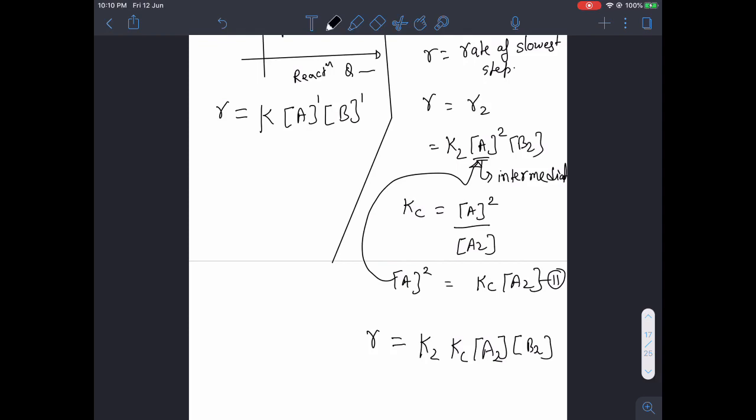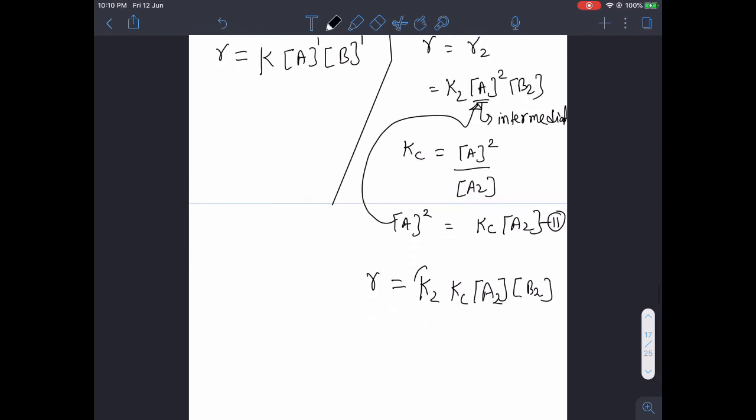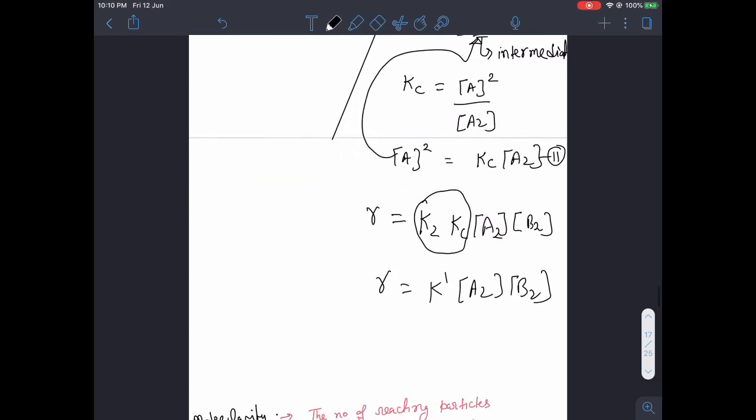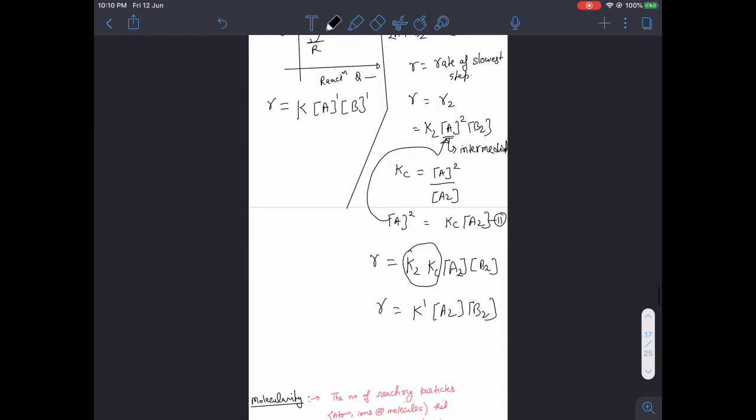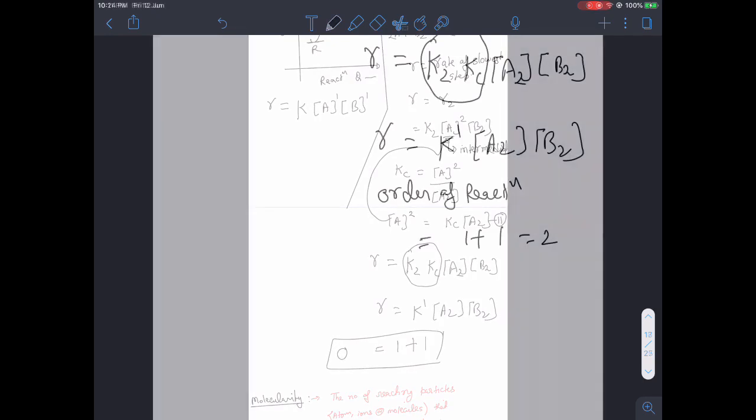Can you see this very clearly? Now, K2 and Kc are constants, so the rate will actually be some new constant K dash into A2 and B2. Now, if someone asks what is the order of this reaction, you can say that the order of this particular reaction fortunately comes out to be 1 plus 1. That means the order is 2.